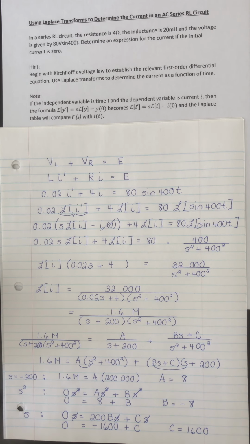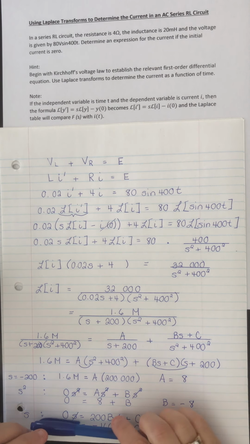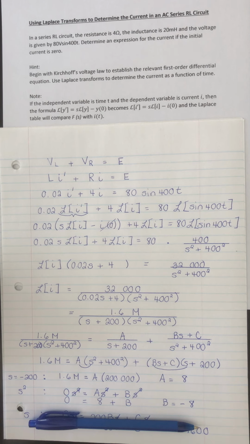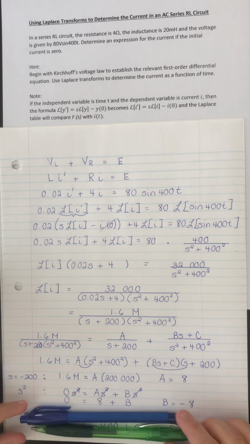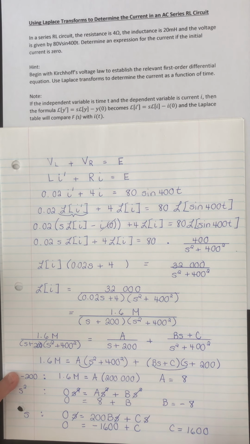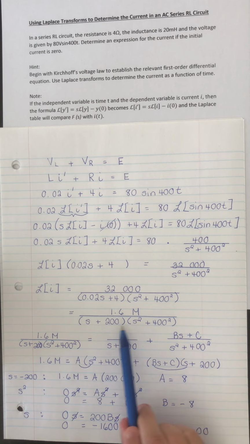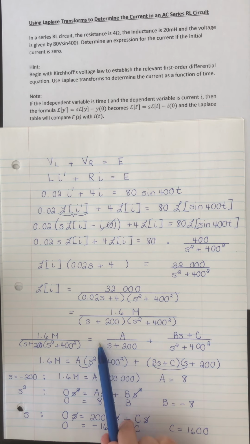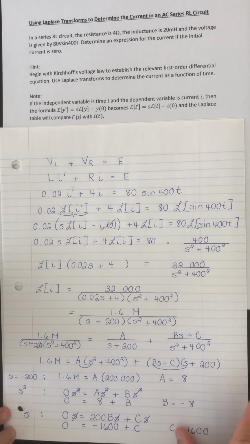The other way would be, instead of including any of this, just substitute s equals 0 throughout the equation, and you would also be able to determine that c is 1600. Okay, now I have my three values, so I'm going to just pop them into this right-hand side here.